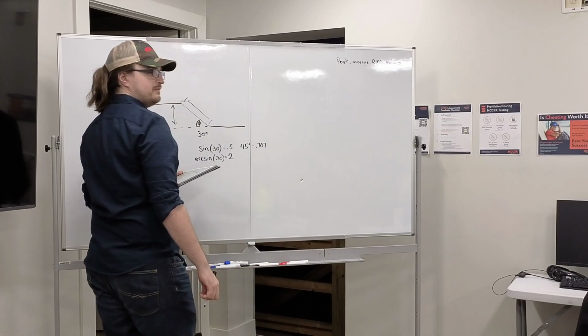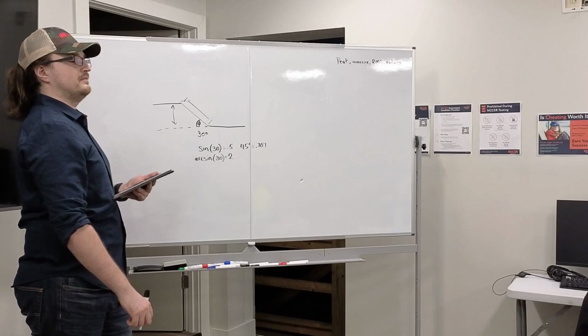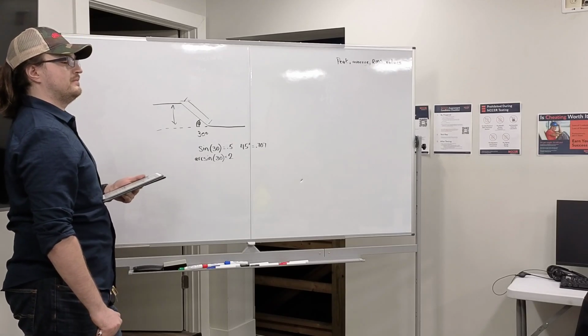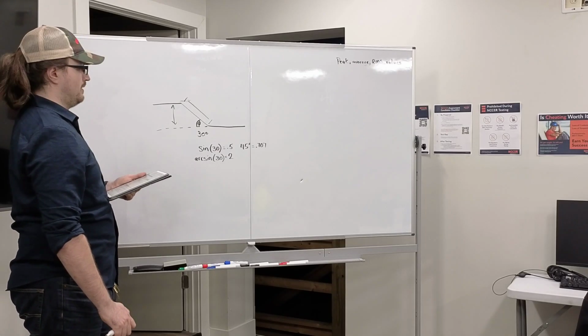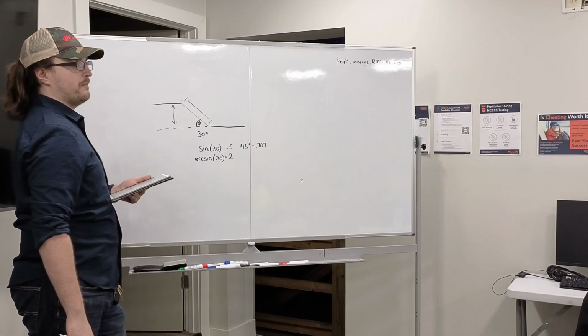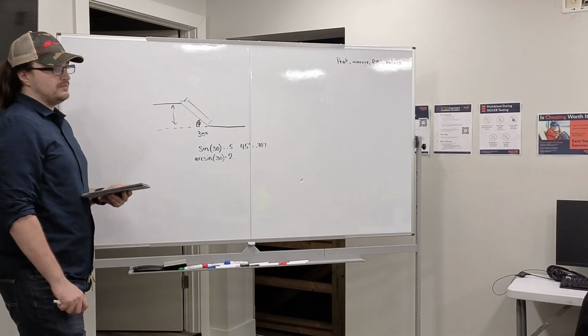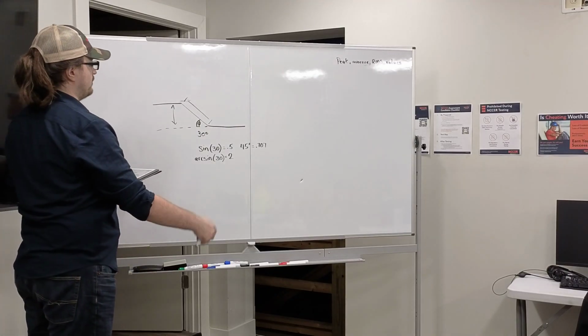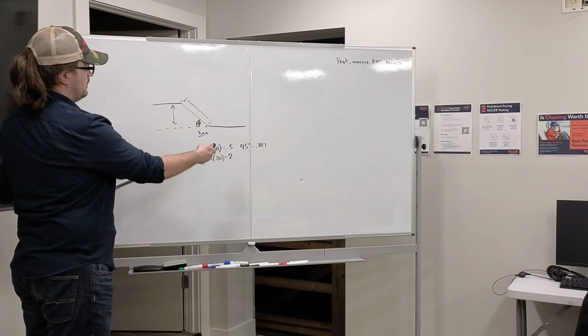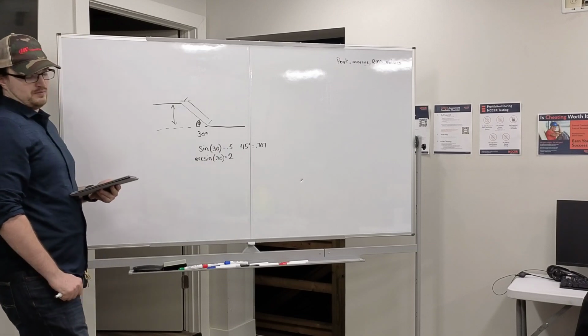So 45 degrees is your RMS. What's the inverse of that? You can either do arcsine of 45 or you can just do 1 divided by 0.707.